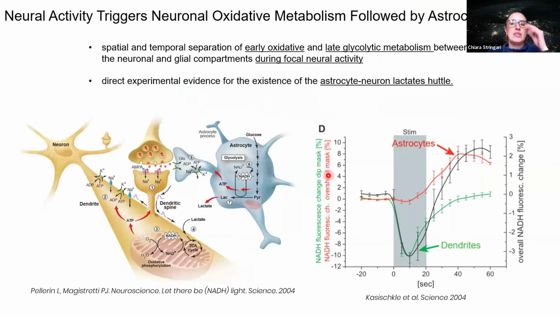And this is the pioneering work of a wet lab that measured for the first time in vivo the astrocyte-neuron lactate shuttle by looking at the NADH intensity. After neuronal stimulation, you see first an oxidative metabolism in neurons, and then later glycolytic metabolism in astrocytes.